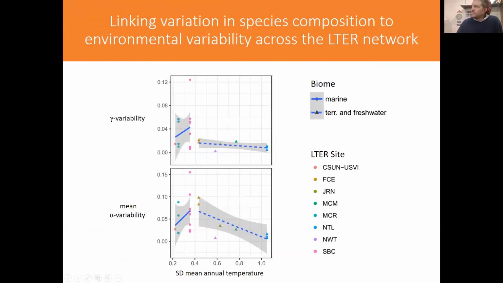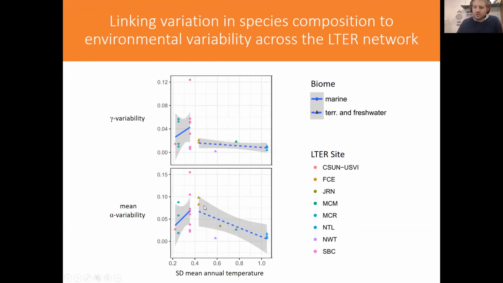As I said, we were able to get data from the US Virgin Islands, Florida Coastal Everglades, Georgia, McMurdo, MCR, so another marine data set, North Temperate Lakes, plants from Niwot Ridge, and then the data from Santa Barbara Coastal Reserve. Each of these colors is a different LTER site.